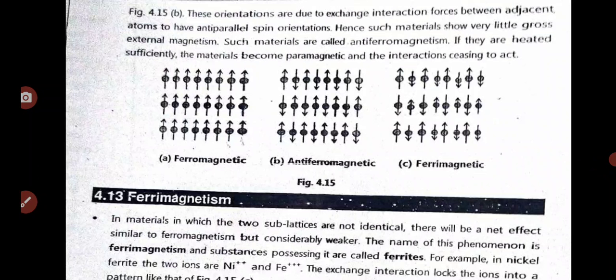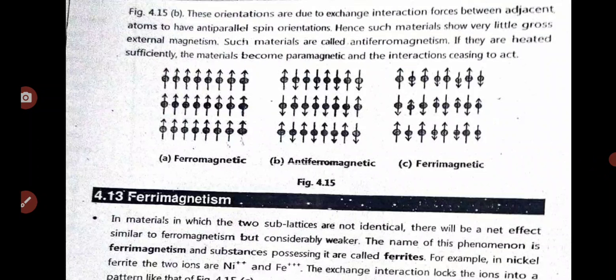In ferromagnetic and anti-ferromagnetic materials, the spin orientations have the same magnitude and are identical, but in ferrimagnetic material the sublattices are not identical, and there is a net effect similar to ferromagnetism but considerably weaker. The name of this phenomenon is ferrimagnetism, and the substances possessing it are called ferrites.